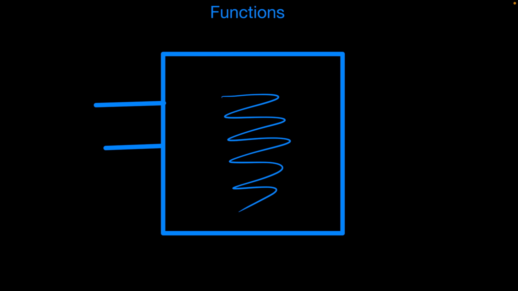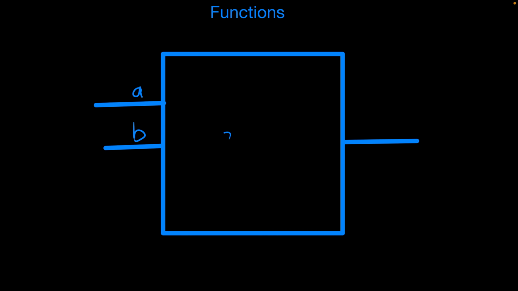You can think of a function as a black box. It receives some inputs, does something inside the black box, and returns the result. In our example, we received 2 inputs, a and b. The function computed the sum of a and b, so a plus b, and returned the result, which was the sum.